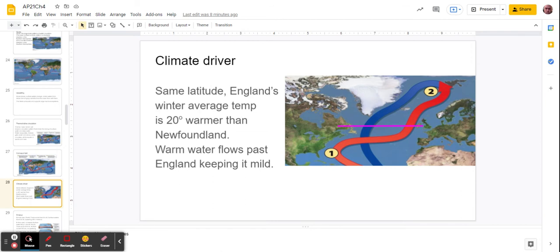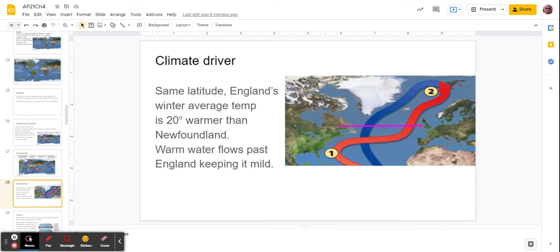Because of this thermohaline circulation, this warm water that's really heated up off the Americas cuts across the Atlantic Ocean and runs into the United Kingdom. And because of this, because of Europe in general here, really gets hit by this moderate temperature coming across. So it's very, moderate's the right answer.